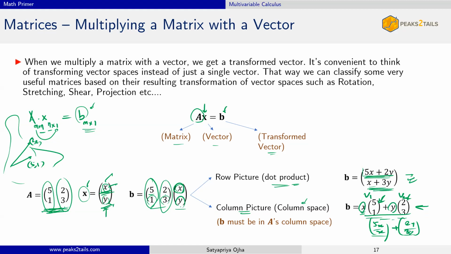Which means if the column space of A is R square, then the resulting vector can be anywhere in R square. It will be two-dimensional, it can be anything in the XY plane. If the column space of A is a line, that means you have a repeating vector. So let's say 1, 2, and 2, 4.